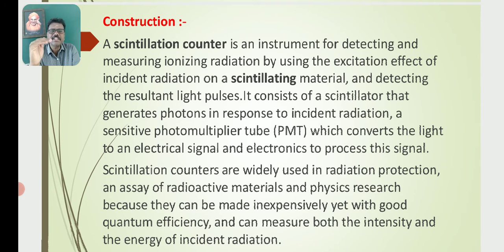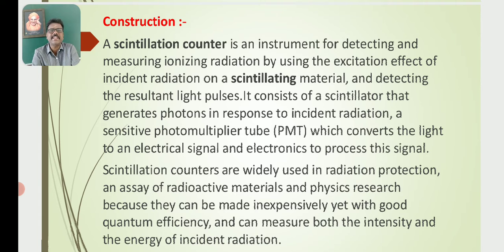So here the scintillation counter is a nuclear instrument which is used for detecting and measuring ionizing radiation. It can measure the ionizing radiation by the excitation effect of incident radiation on a scintillating material and detecting the resultant light pulses.